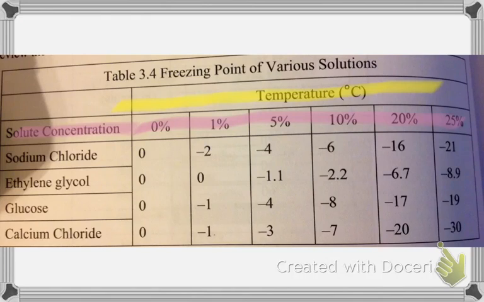The 0% column is going to be our control, so we shouldn't see anything happen in the 0% column. After that, we'll start seeing some changes as they add more of the solute itself: sodium chloride, ethylene glycol, glucose, or calcium chloride.